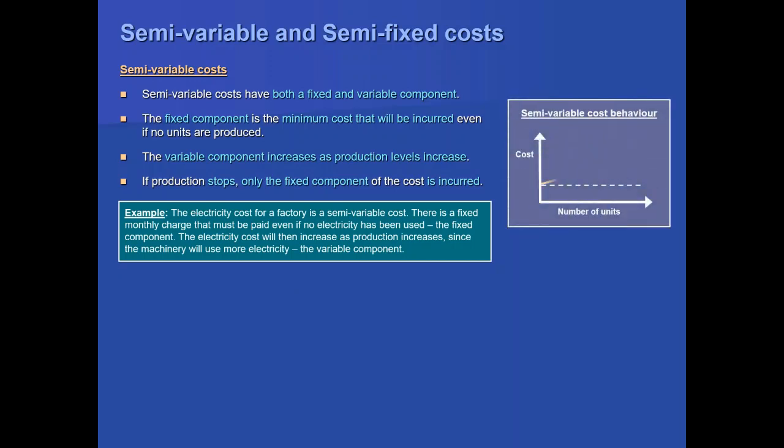So graphically, it is a combination of the fixed and the variable cost that we had in the previous slide. So we have the fixed cost component, the cost that will apply even if 0 units are manufactured. Then as each unit is manufactured, the semi-variable cost kicks in to increase the total cost.